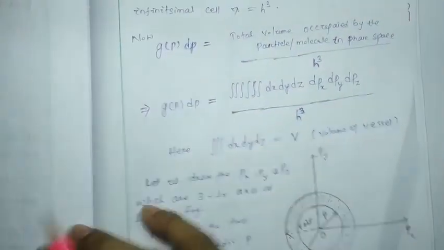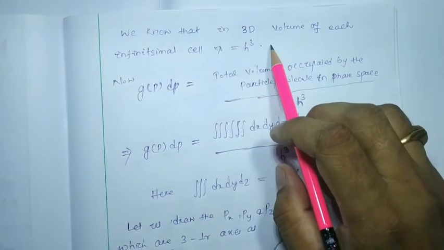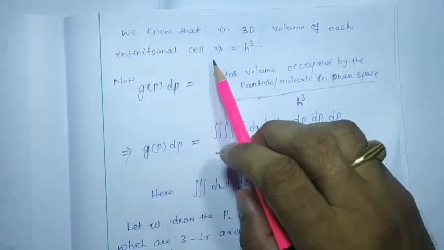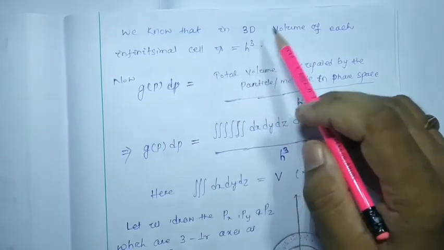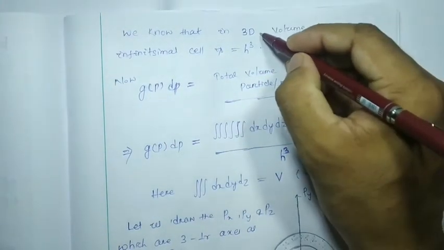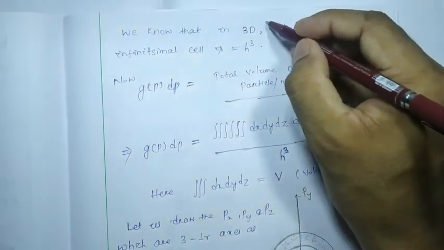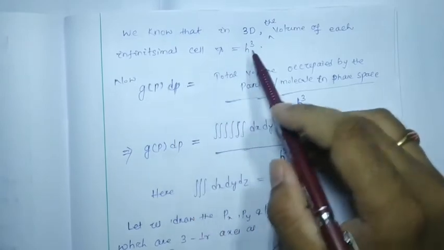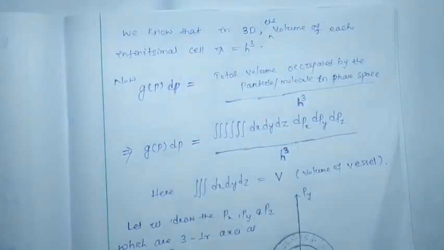Here we know that in 3D the volume of each infinitesimal cell is h^3.